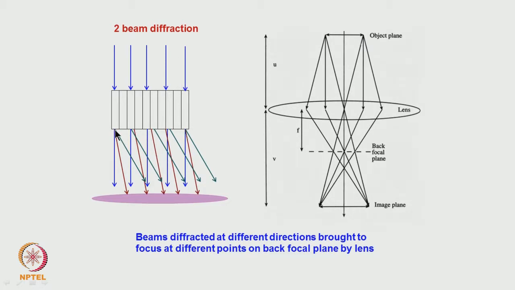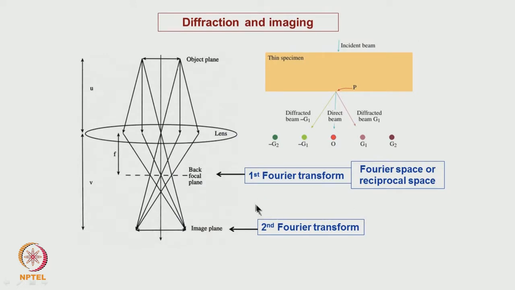If we see this variation in the transmitted beam alone and magnify it by using lenses, then we are able to get some variation in contrast. That is what we call the image. That is what we normally do.